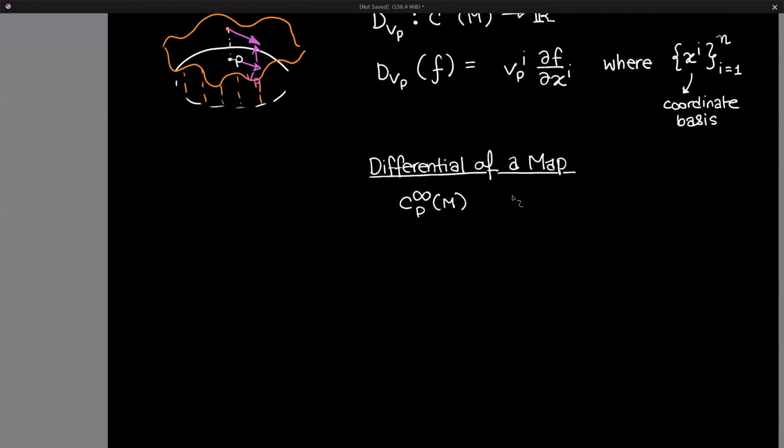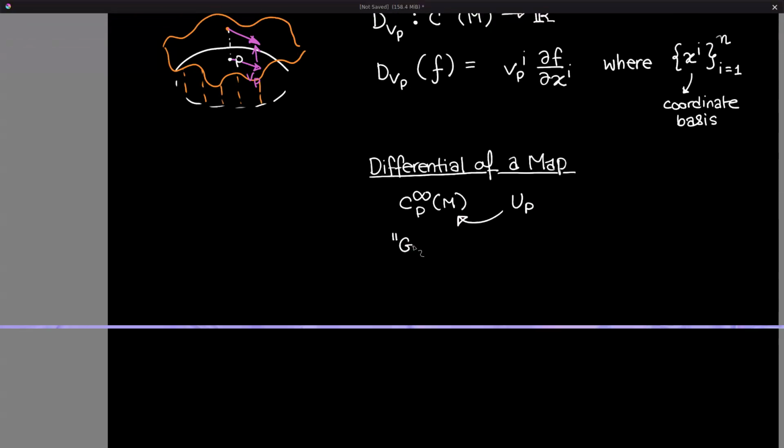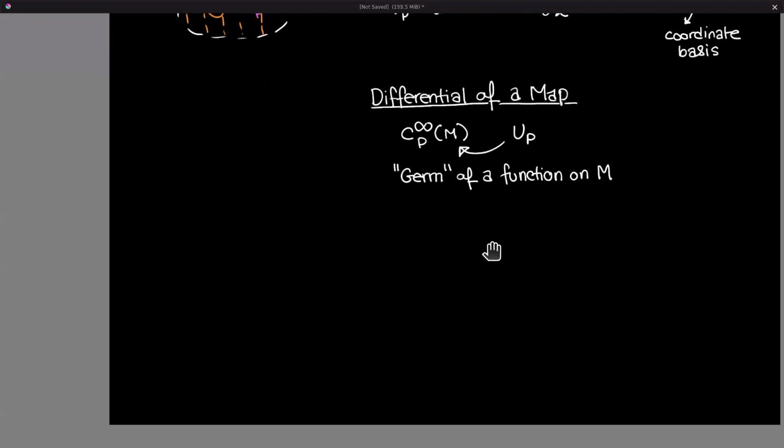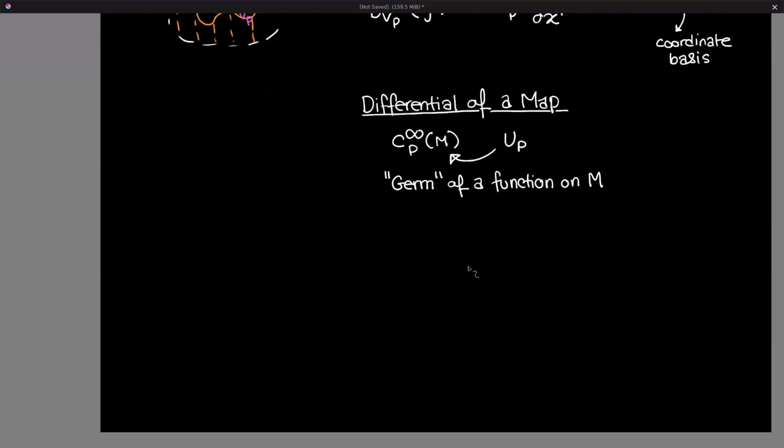You need a local neighborhood, U_P, around P. And if we restrict the functions in C infinity M to that local neighborhood around P, then we get the space C infinity P M. These are called, for some reason, I think this is part of that wheat analogy they keep using in mathematics, the germ of a function on the manifold. If the wheat analogy makes sense to you, maybe that helps.